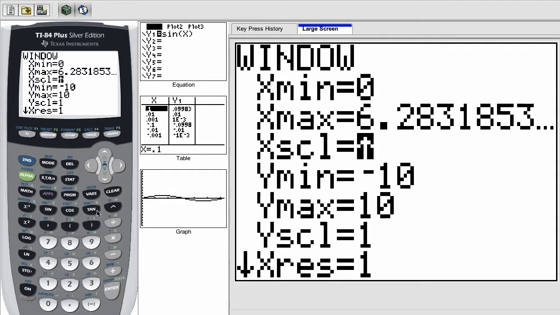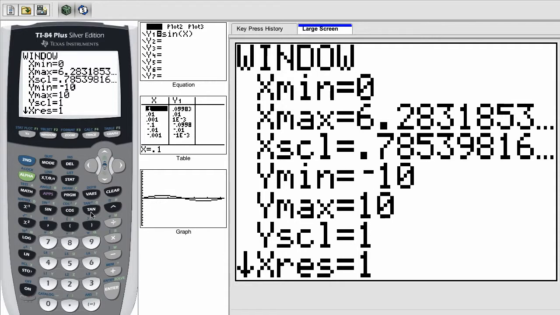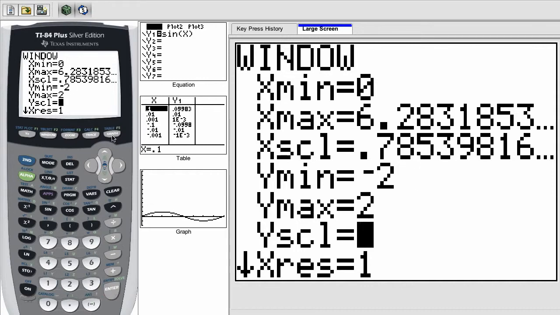I'm going to let my scale count by pi over 4. In other words, 0, pi over 4, the next one would be pi over 2. Okay, and this is a lot of wasted white space up here, so I don't need to look too high and too low. So I'm going to look down to -2 and up to +2. And that should take care of it for me.